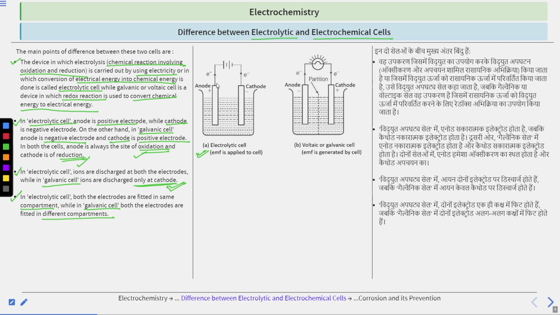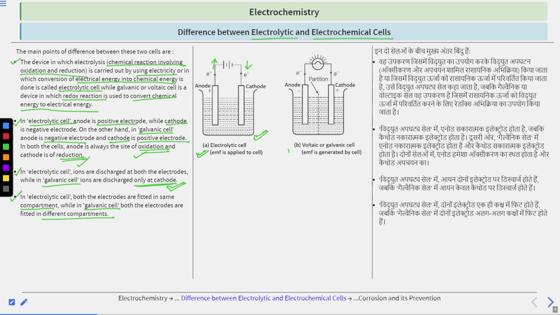Here, positive one is the anode, negative one is the cathode, and this is the circuit, and electrons are flowing from this to this direction. You can see that both electrodes are fitted in the same compartment, right? There is no separation.